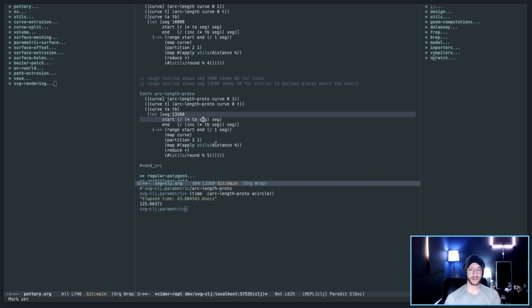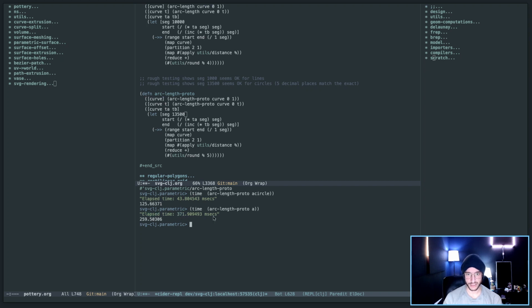So this segment number, I'm going to assume will be approximately okay for Bezier curves. But now what I actually want to do is check A again, and if we look here, we're actually under my initial target goal of less than half a second. So already that's a huge improvement. I feel pretty good about that, but I want to see if I can make things better.